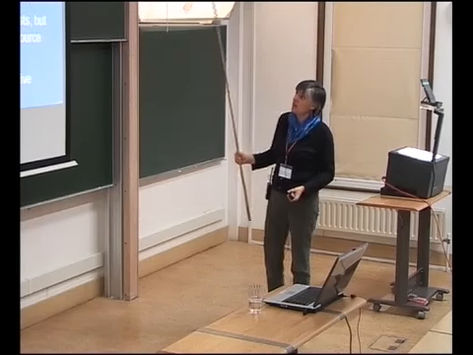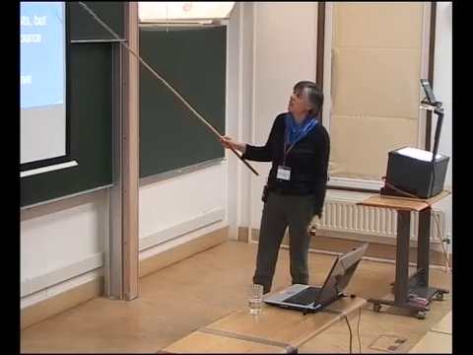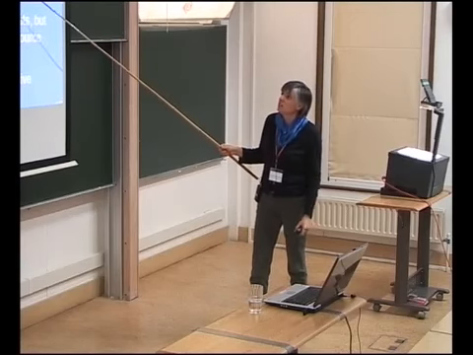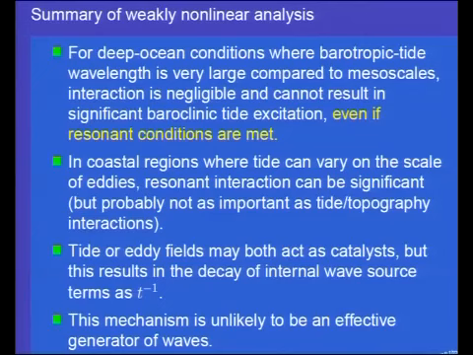Now, in retrospect, maybe this was obvious, but we worked out the details and showed this. In coastal regions, on the other hand, where the tide can vary on much smaller scales, that is, on the scale of the eddies, this resonant interaction can be significant, but I seriously doubt that it is as important as the tide topography interactions.